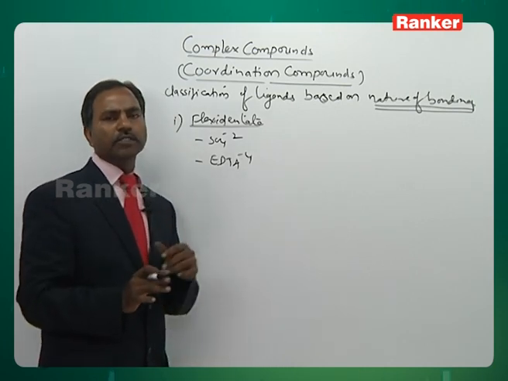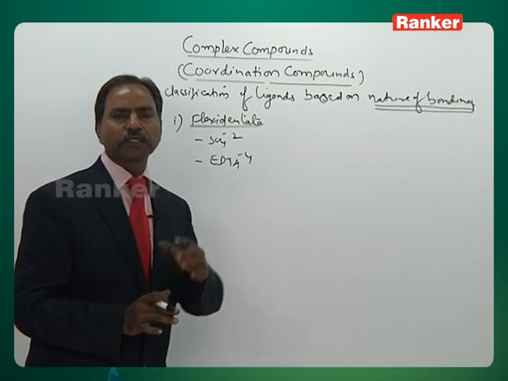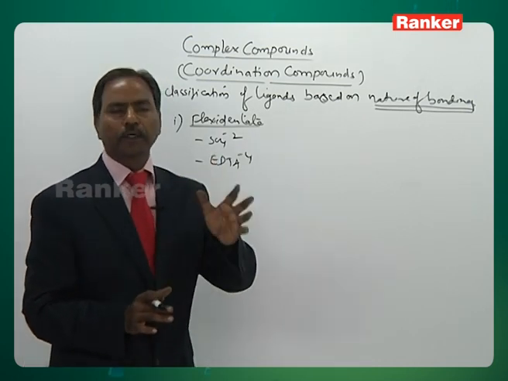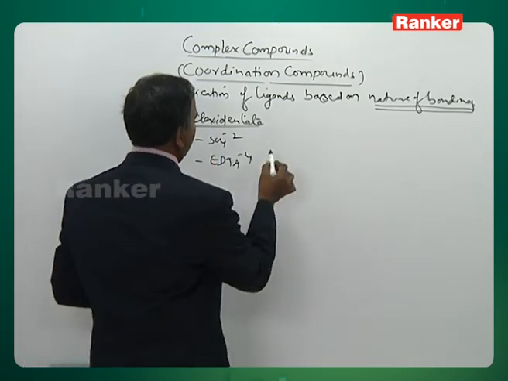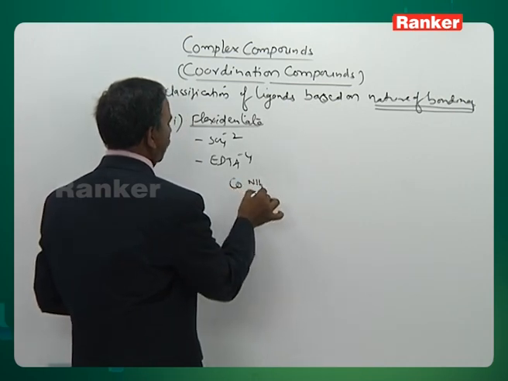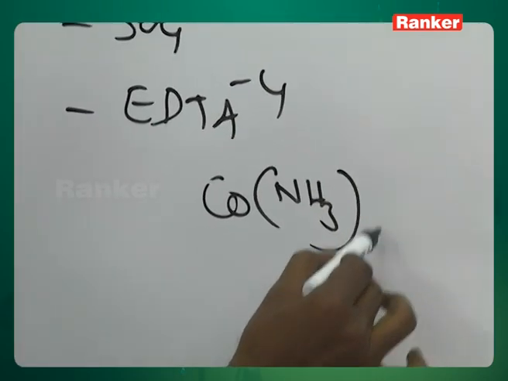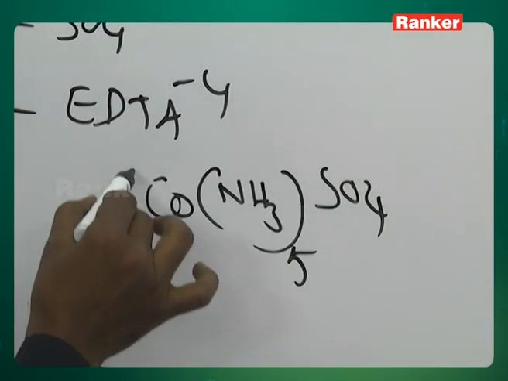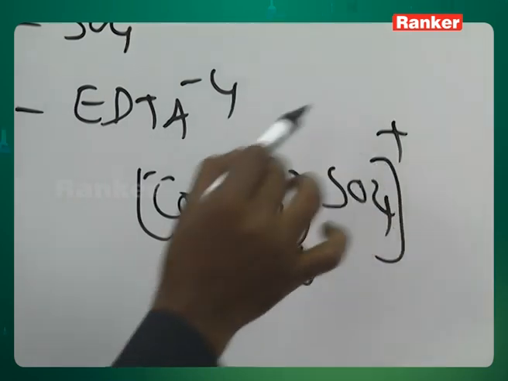Let me give one or two examples in which sulfato can act as monodentate and also as bidentate. Look here, one of the complexes I am writing on the board, Co(NH3)5 with sulfato, with a plus charge.